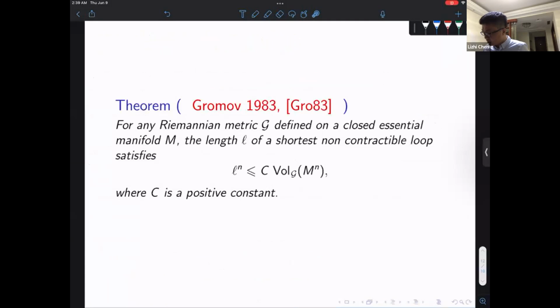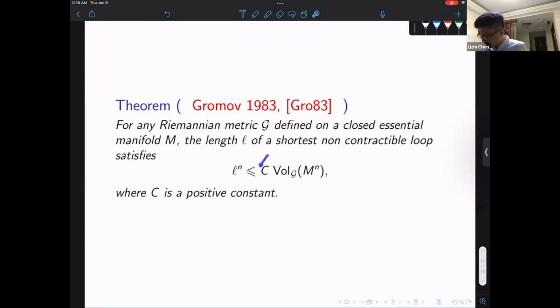Now I can introduce Gromov's systolic inequality. The theorem says if the manifold M is closed and essential, then for any Riemannian metric defined on the manifold M, we have this inequality. The left side is the shortest length of a non-contractible loop, to the nth power.